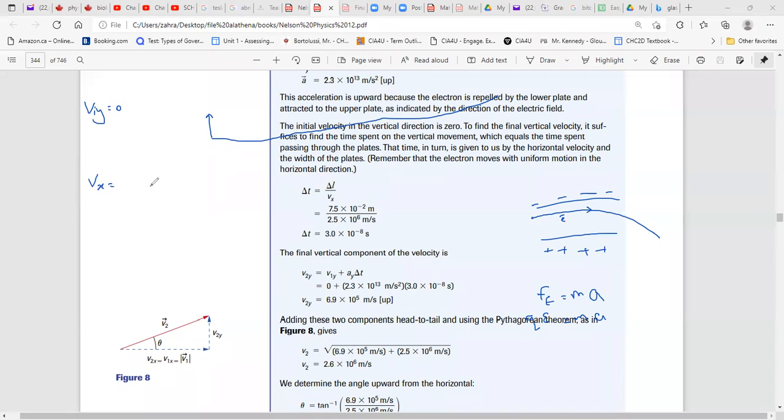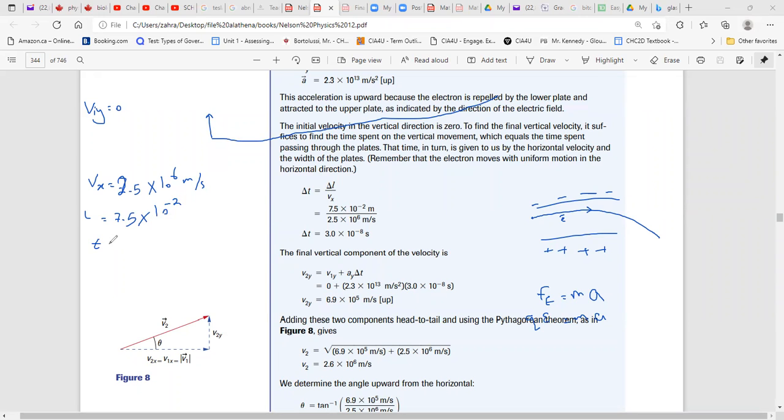It is given to be 2.5 × 10⁶ meters per second. Also, we have the length of this, which is equal to 7.5 × 10⁻² meters.